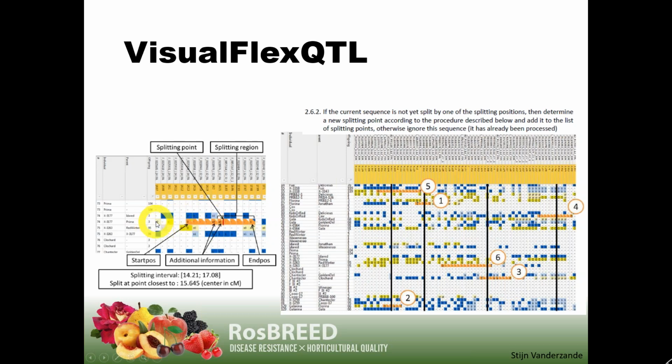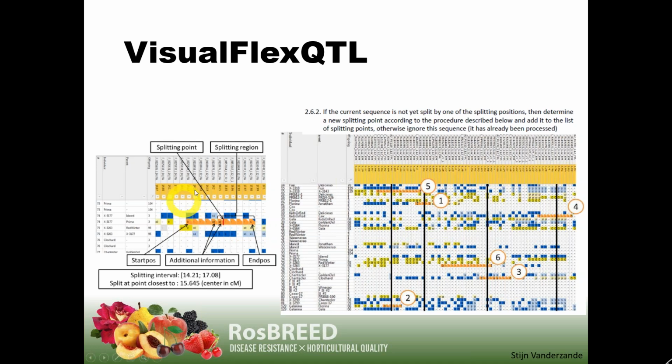And as you see changes from yellow to blue, that means there's a recombination, and in Visual FlexQTL, they're indicated by a stretch of orange. So orange means a recombination.